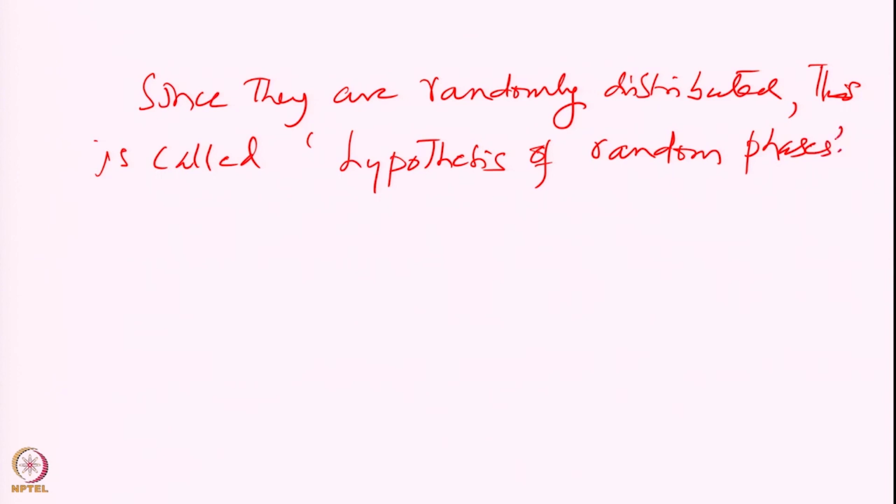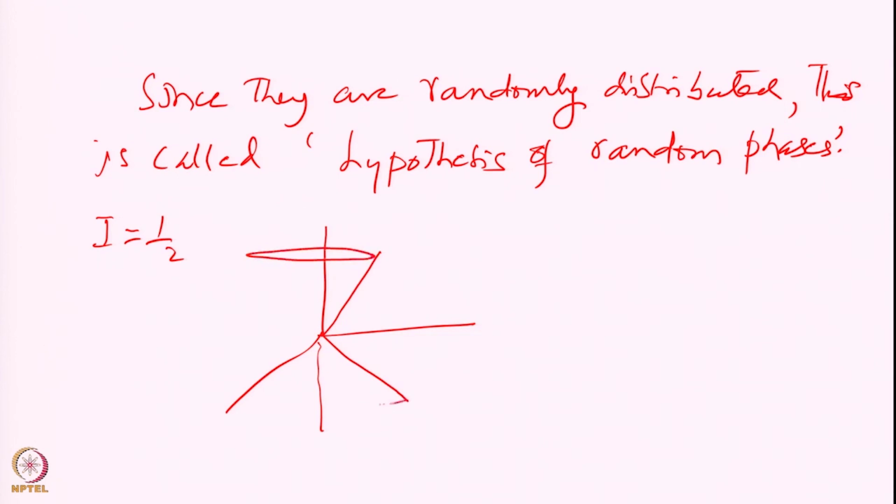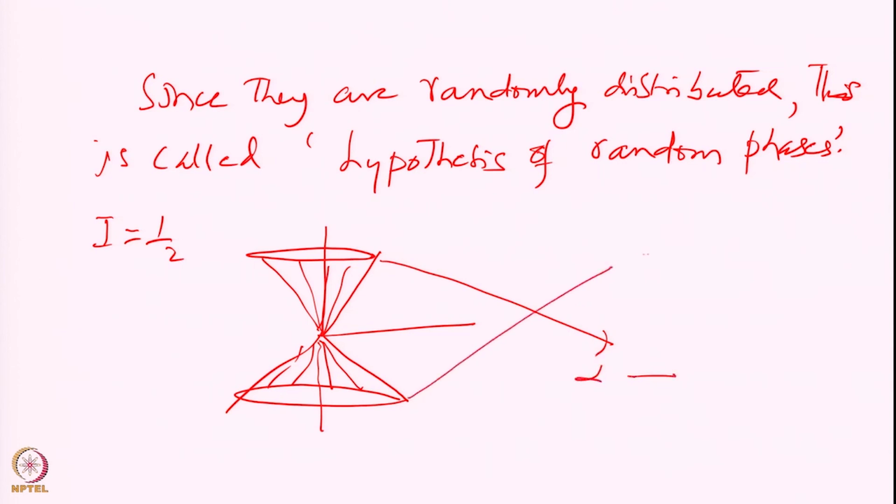Okay. Alright. Now let us consider a situation of I is equal to half. I have one orientation like this, other orientation like this, and I have these cones here. So I draw the cone here, and all the spins are oriented on the surface of the cone here, here, here, here. Now this energy is alpha, the lower energy, and this energy is beta.